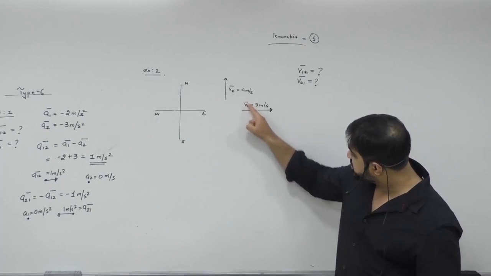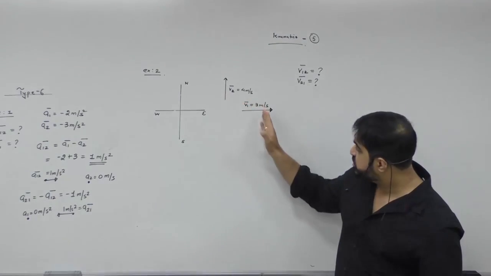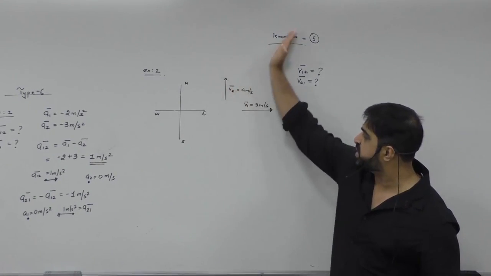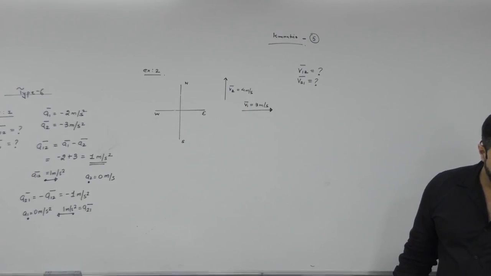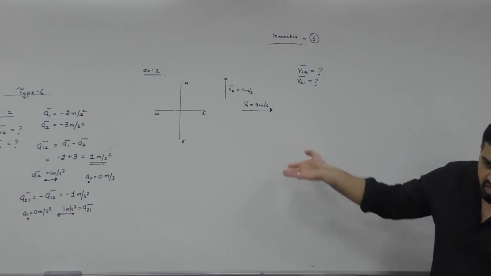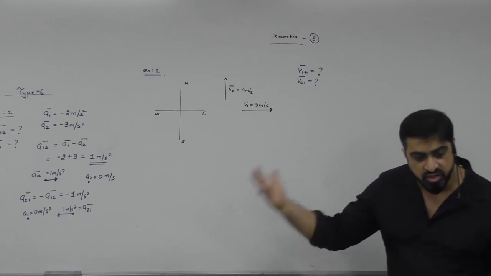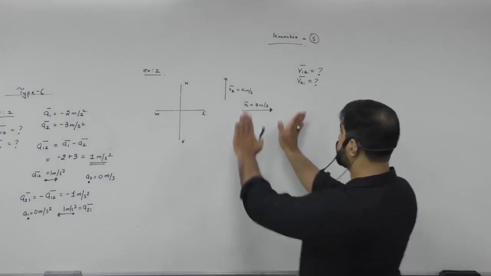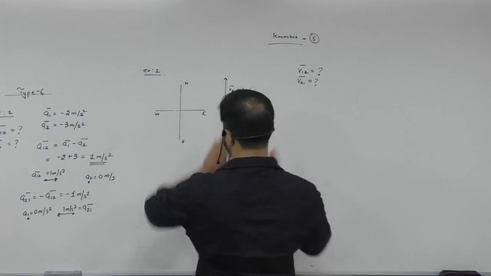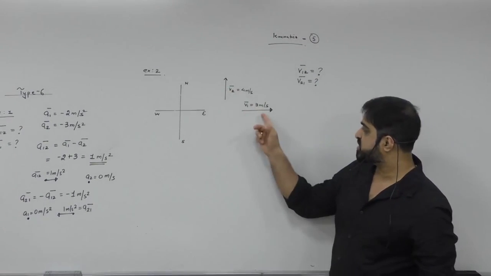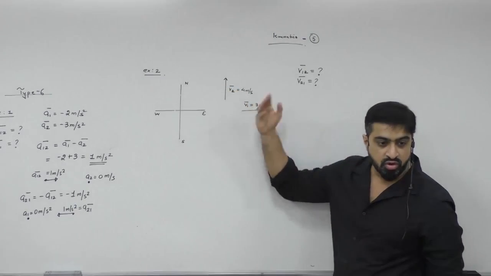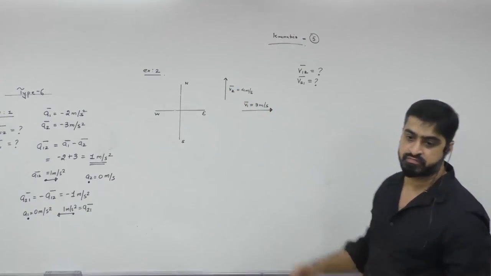And when he looks at him, he will not appear to go that way. He will appear to go that way or that way, wherever. We don't know. Are you understanding? We are looking from the frame outside on the earth. You can imagine two cars are going, no? But when one car looks at the other car, or the other car looks at this car, what will be the situation?